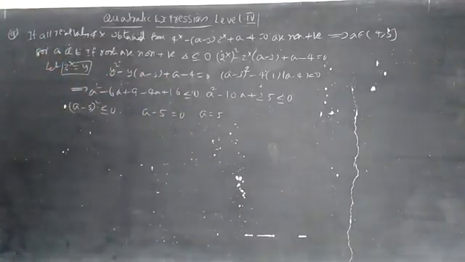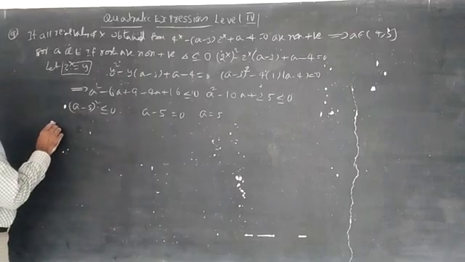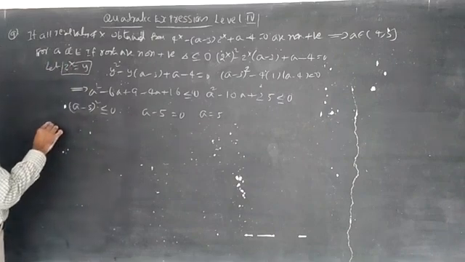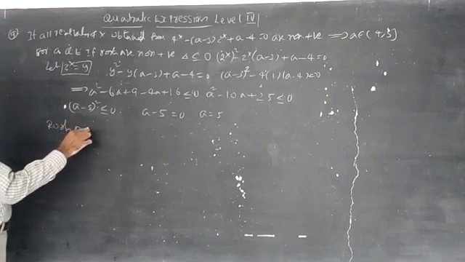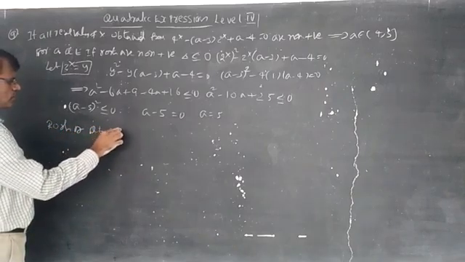Now, for the next part, we should try to understand the given statement: for all real values of x obtained from the equation, the roots are non-positive. Non-positive depends upon 2 power x; the roots of the QE are non-positive.